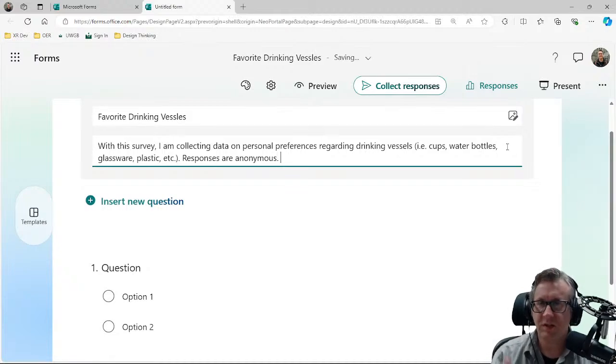And now, here is another important thing to think about before putting your survey together, right? If your respondents are anonymous, that will make it difficult to contact them if you wanted to ask follow-up questions, right? So this is again one of those design considerations that you have to think about.